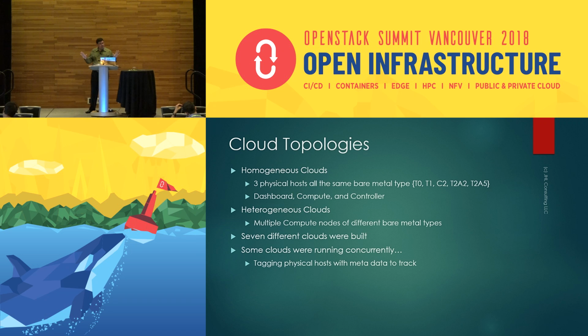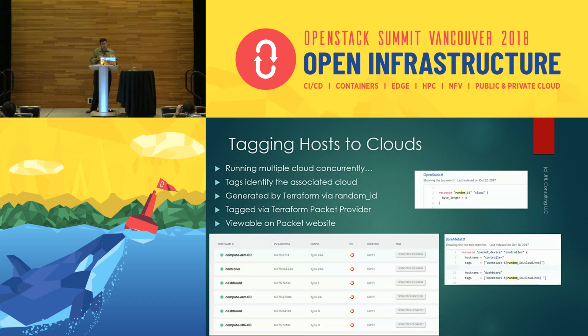So even though they were completely separate clouds, we ran them at the same time just to take a look at what would happen. And one of the things we noticed is when you're running multiple clouds, you have multiple physical nodes, and you don't know which one they belong to. So we introduced something into Terraform where we tag the physical hosts. Packet has the ability to add metadata onto each physical compute node.